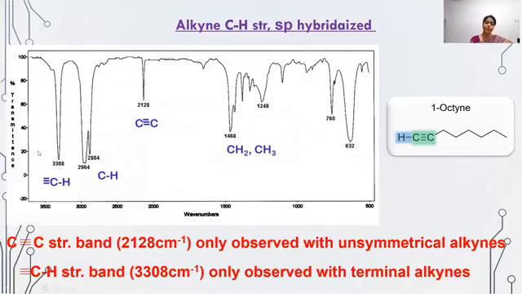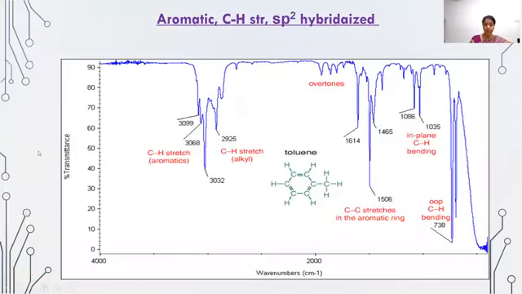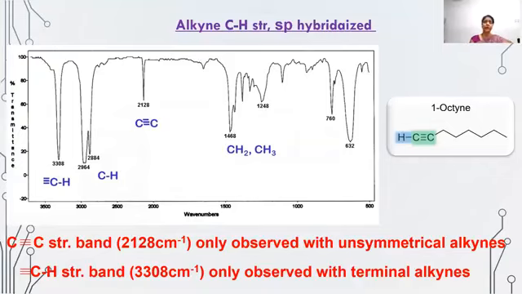Similarly, in case of triple bond CH hydrogen, only the terminal alkynes, where the last carbon has triple bond that has hydrogen, show the CH stretching band. In case of internal alkynes, both the triple bonded carbon atoms will be attached with alkyl groups, so triple bonded carbon hydrogen stretching will not be possible.